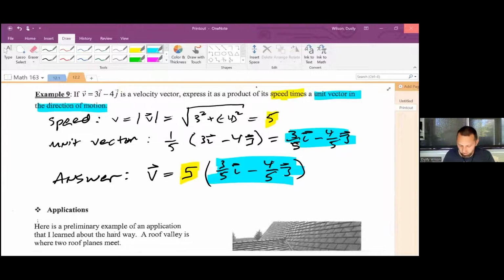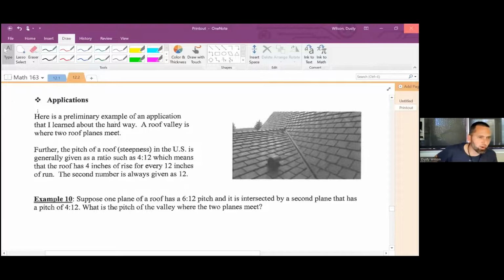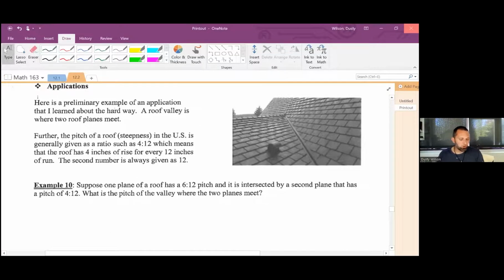Let's look at an application that I learned the hard way. So here's a preliminary example of an application that I learned about the hard way. A roof valley is where two roof planes meet. So here would be one roof plane, here would be the other roof plane, and the roof valley is this spot right here where the two planes come together.